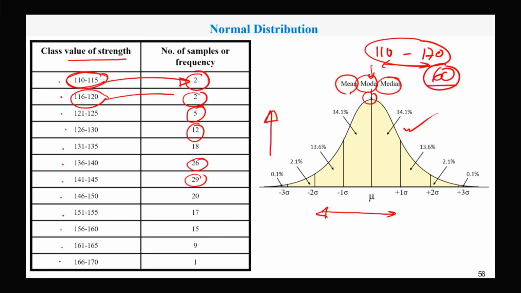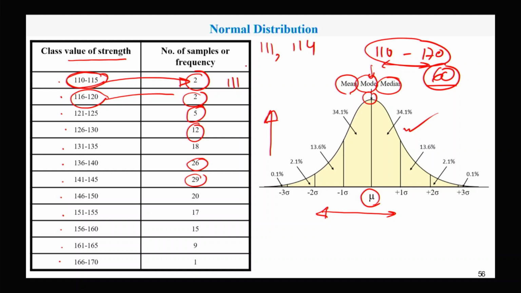And the central point is represented by mu, which is nothing but mean, median and mode. What is mean? So if we take all individual data, like between 110 and 115, the two readings are there. So let us see, first is 111, second is 114.